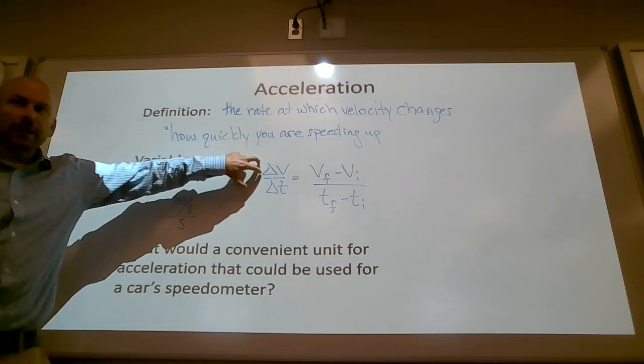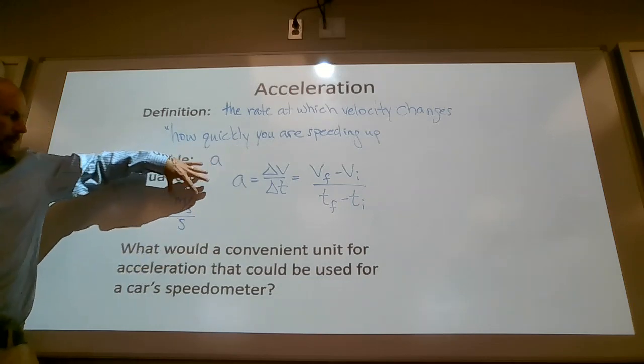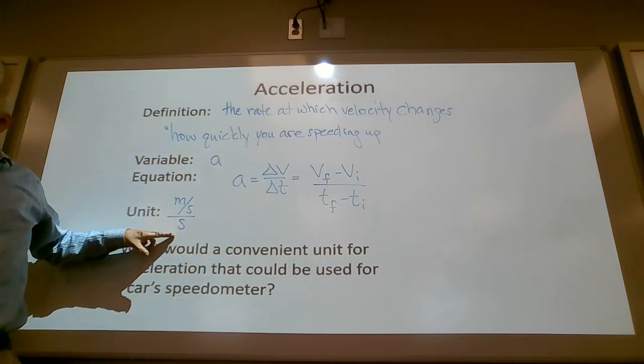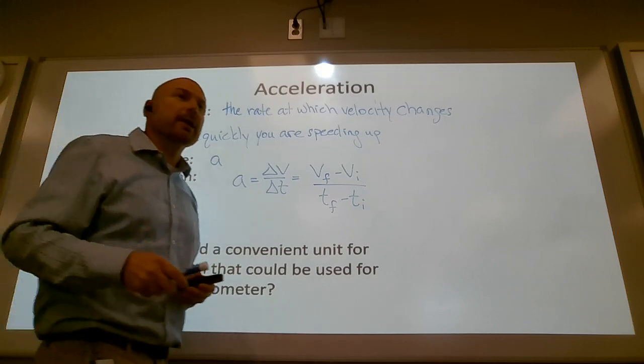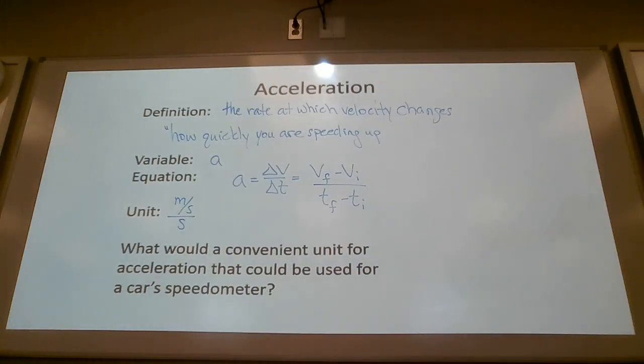Acceleration is equal to change in velocity over time interval. Velocity, units of meters per second. Time, units of seconds. Acceleration, the unit for acceleration is meters per second per second. Okay, it's how much you change your velocity every 1 second. Meters per second per second.